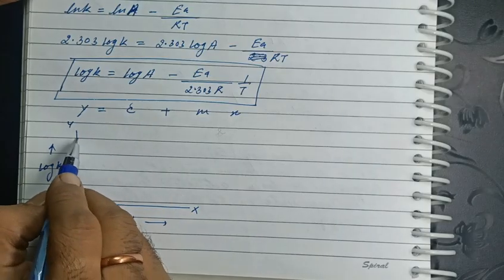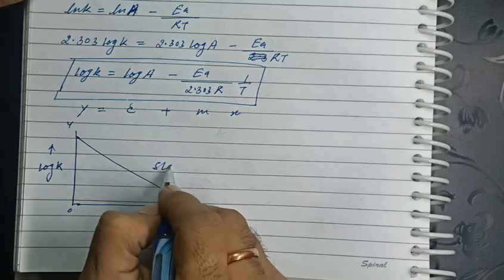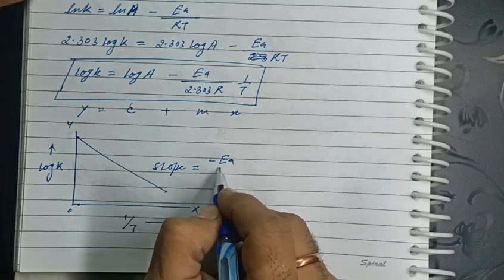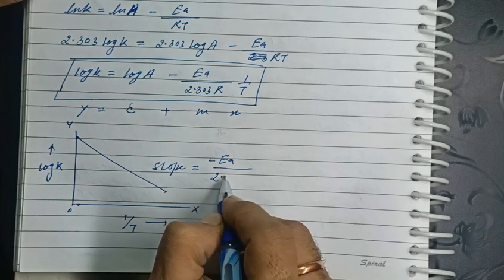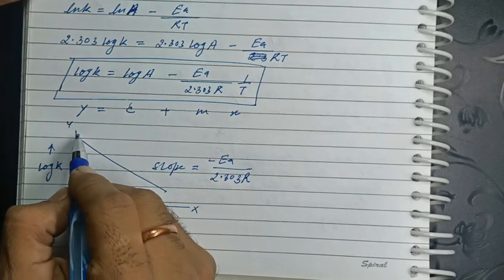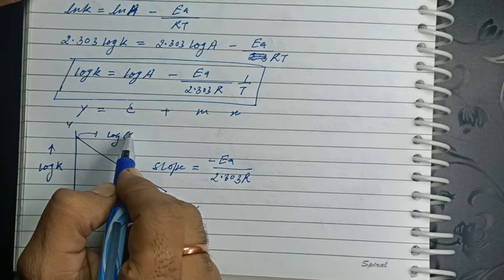It means ग्राफ ऊपर से शुरू होगा, स्लोप इज नेगेटिव. Slope is minus Ea upon 2.303 R, and this is the value of log A.